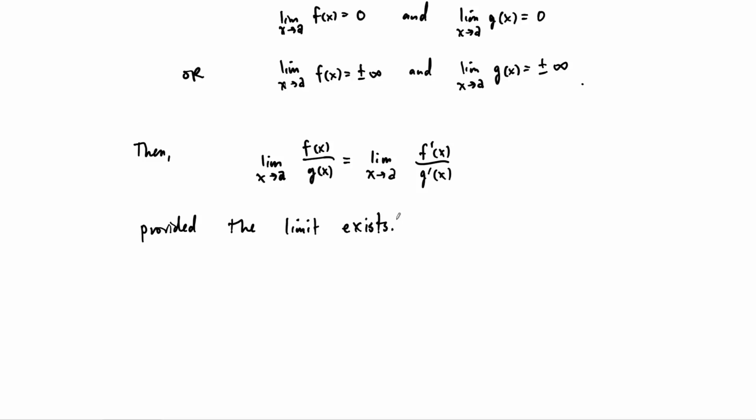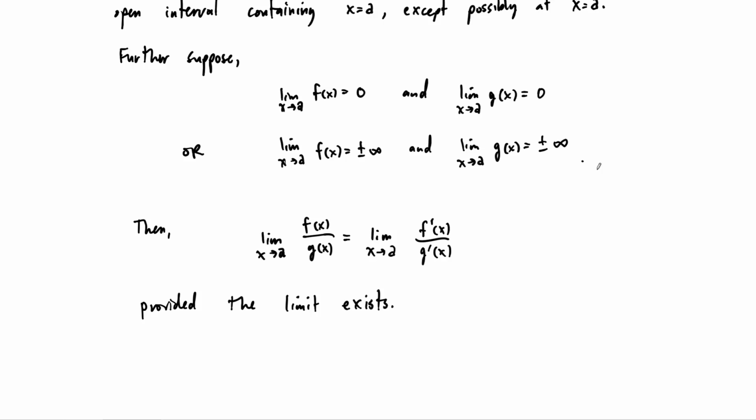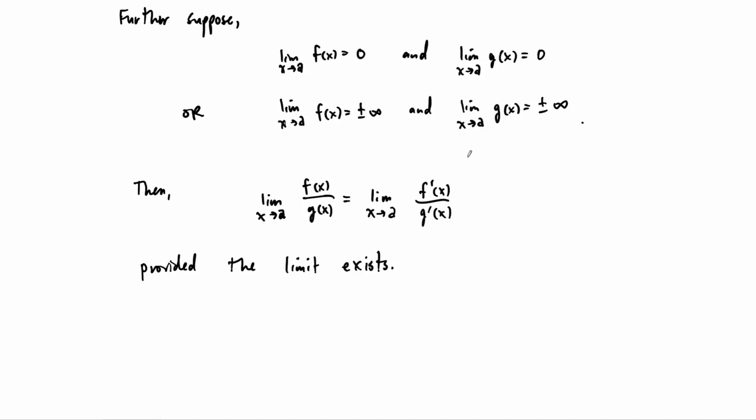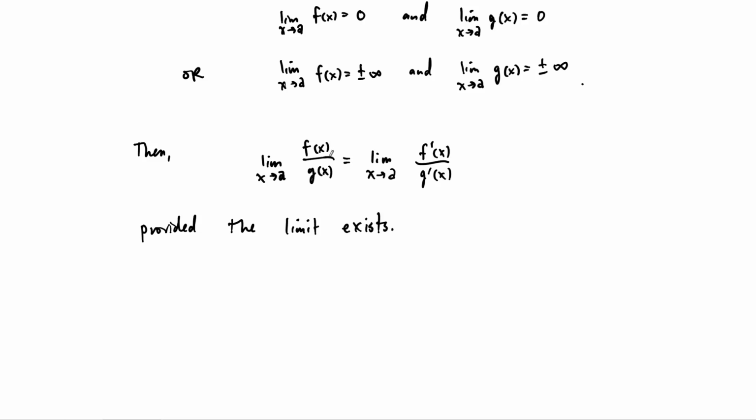Basically what this says is that if we're given a limit which happens to be an indeterminate form, meaning we end up with 0 over 0 or infinity over infinity, either one of those two indeterminate forms, then L'Hopital's rule says that we can compute the limit of the ratio of those functions by actually taking their individual derivatives and taking that limit instead.